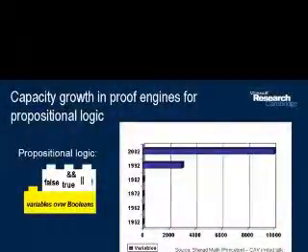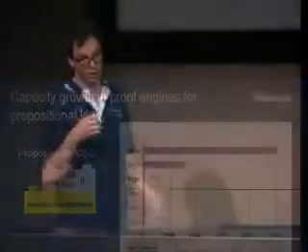If we were to take tools from 1952 on today's hardware, there were tools that could reliably handle puzzles presented in this logic with perhaps 20 variables. So you could have 20 propositional variables, and you could reliably solve that.